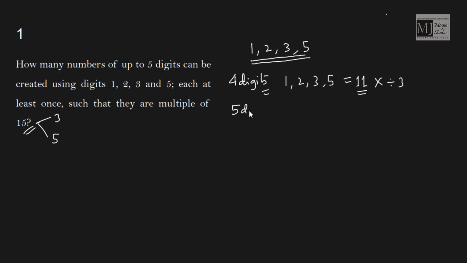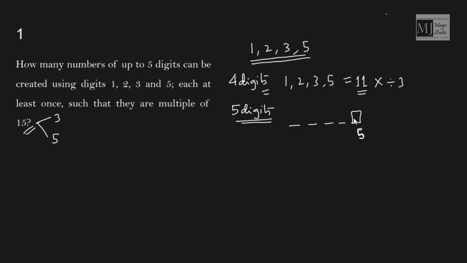Now the option is only to frame 5-digit numbers such that they are divisible by 3 and 5. If it is divisible by 5, the last place has to have 5. In the end we should have 5.